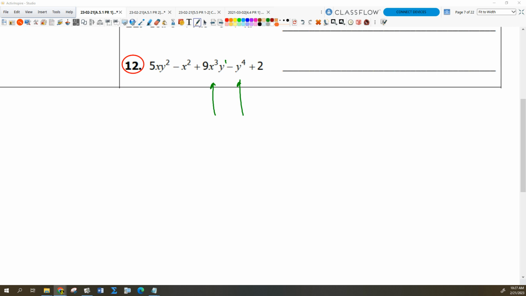Well, x comes before y, so that term would come first, and that one would then come second. See how that works? Is it a big deal? Not really, but that's how we would do it. So we would get 9x cubed y minus y to the fourth. Which one would come next? 5xy. Yeah, good. So that would be the third, wouldn't it?